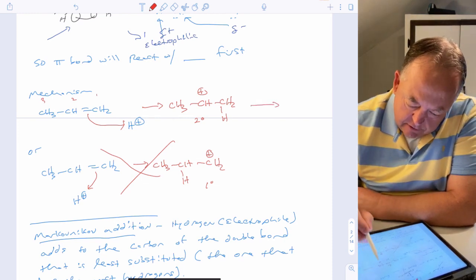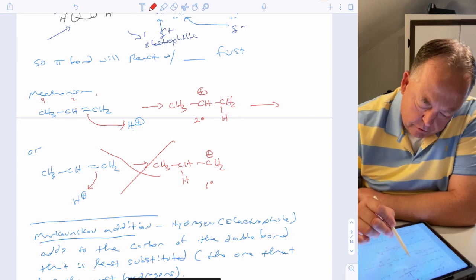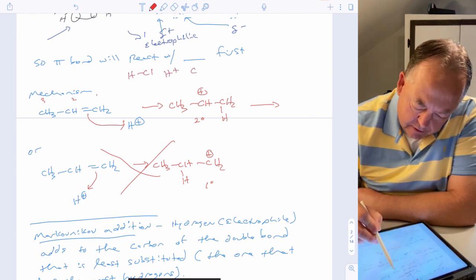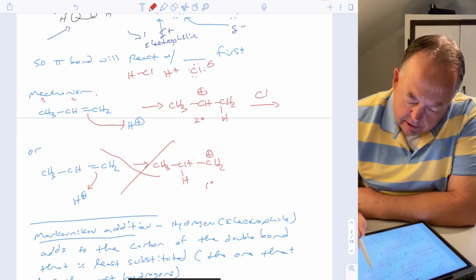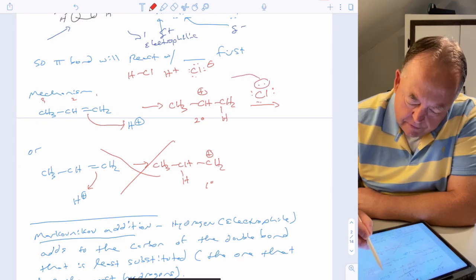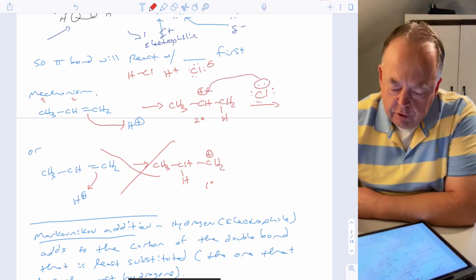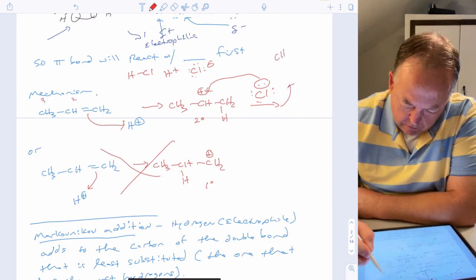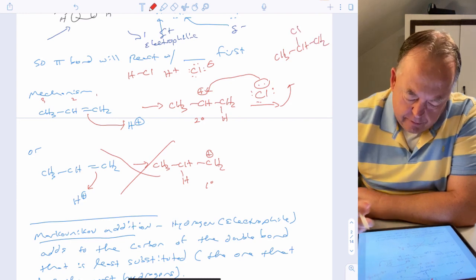And then if we're reacting with HCl, then H plus and Cl minus, because it's a strong acid, right? So the next step would be the Cl minus reacts. So take a lone pair on chlorine and make a bond to that carbon with the carbocation. So that would be your major product.